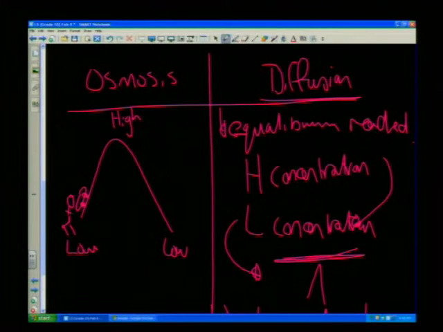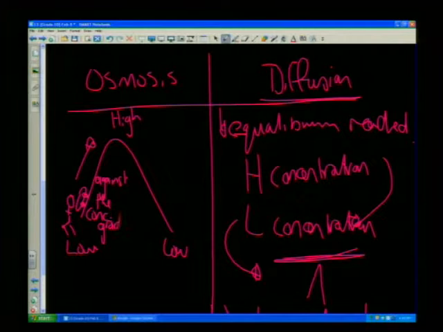This little guy takes his skateboard and he walks uphill, which means he's going against the concentration gradient. Remember, we're talking about concentrations, but I'm using an analogy to show you.